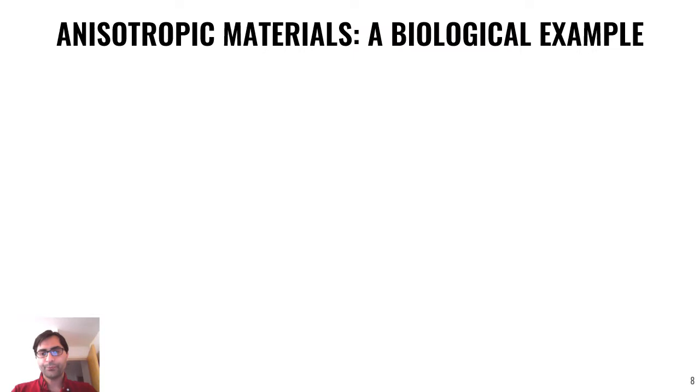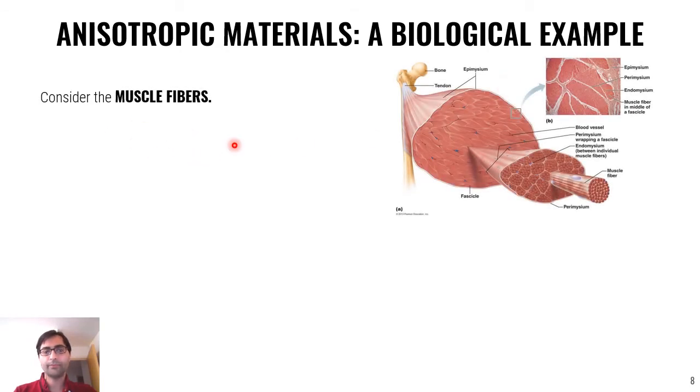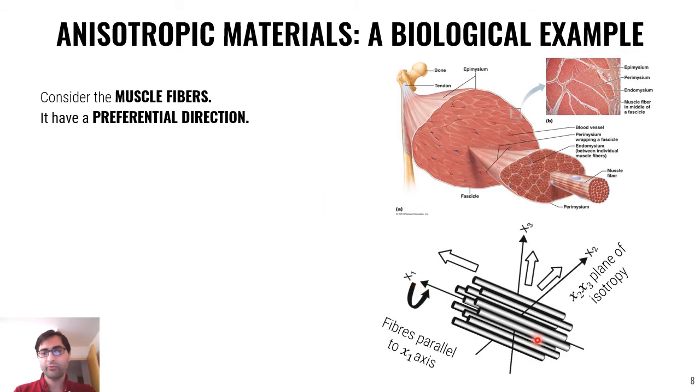Okay, anisotropic materials. We start with a biological example. Consider muscle fibers. So you know that the muscle as a whole is a bundle of smaller strands of muscle fibers. The muscle fibers have properties such that they are parallel to an axis.